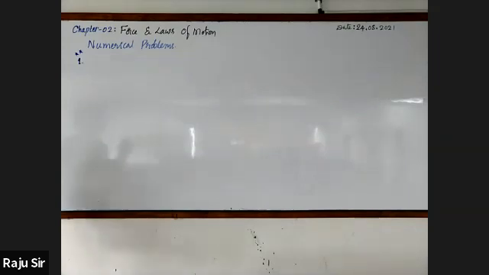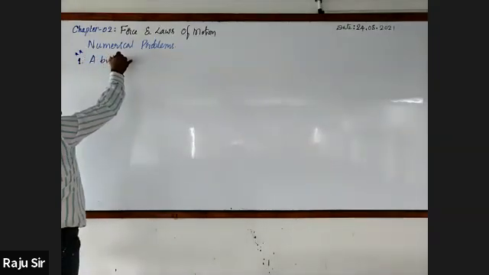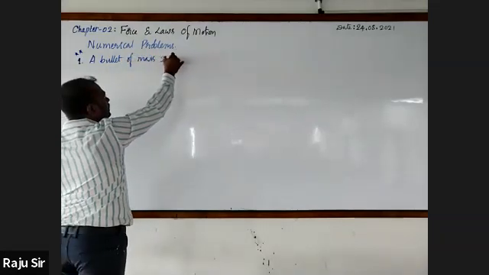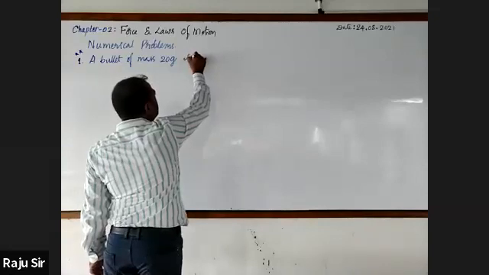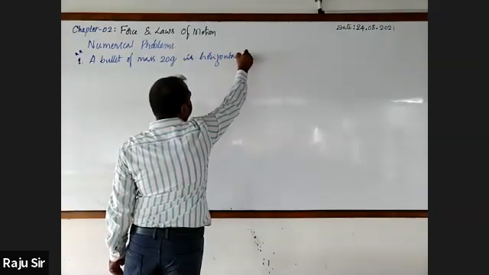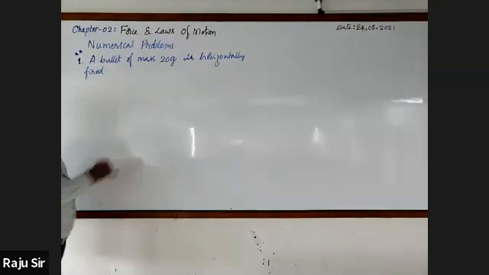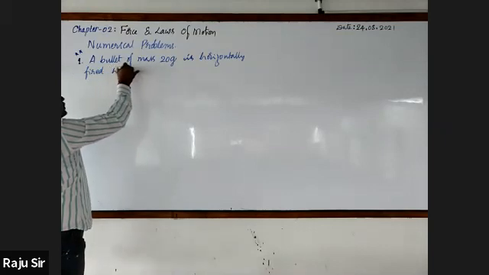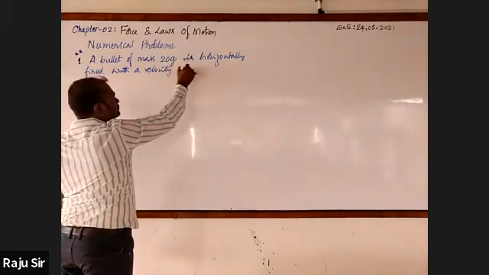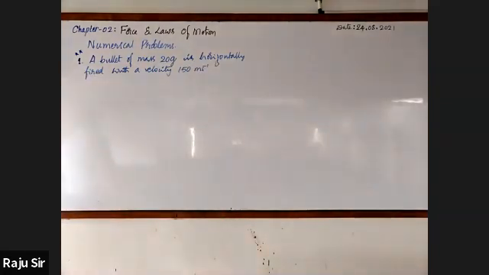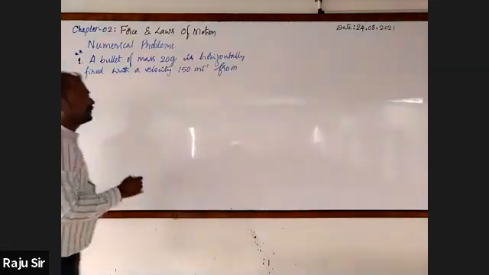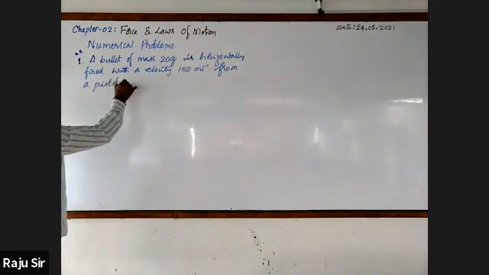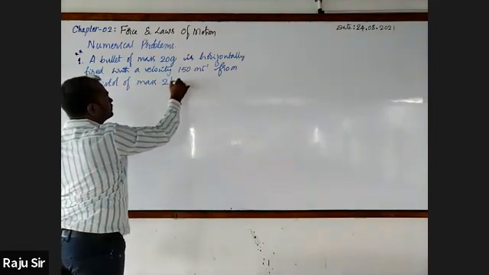A bullet of mass 20 gram is horizontally fired with a velocity 150 meter per second from a pistol of mass 2 kg.